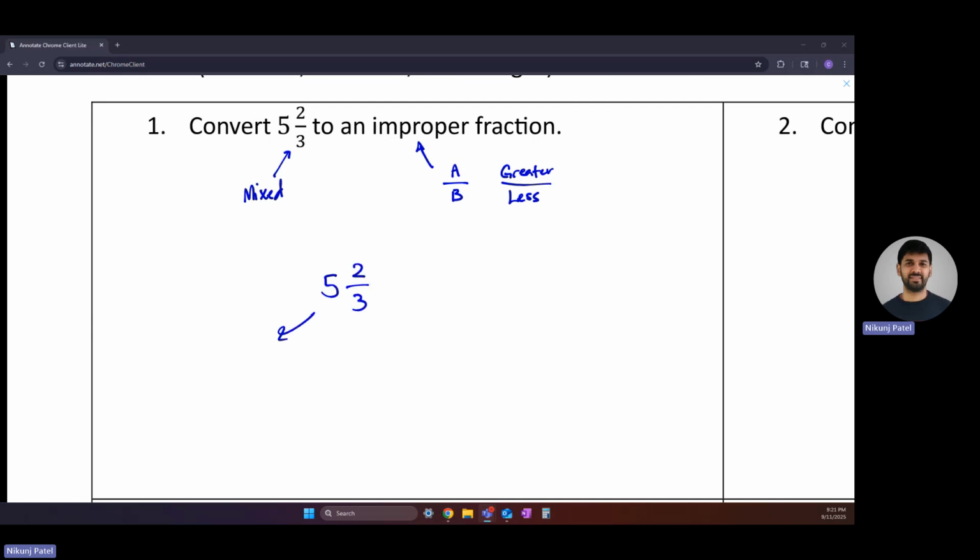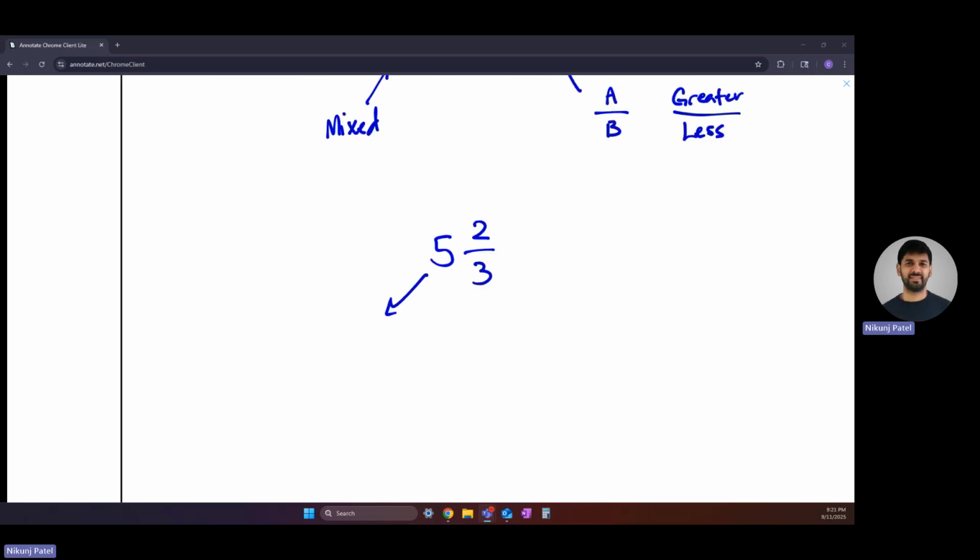And we're going to first start by thinking about this 5. Whenever you look at your mixed number, you see you already have a 3 right there. So we want to break apart this whole number 5 into 5 fractions all over 3.